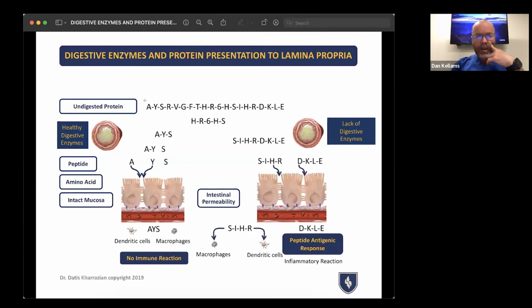Up here, you see a full undigested protein. And if you have good digestive enzymes, stomach acid being the number one, then your bile and your pancreatic enzymes, you break this down into small amino sequences. And if it's a small amino sequence, your macrophages and dendritic cells don't recognize this as a problem.